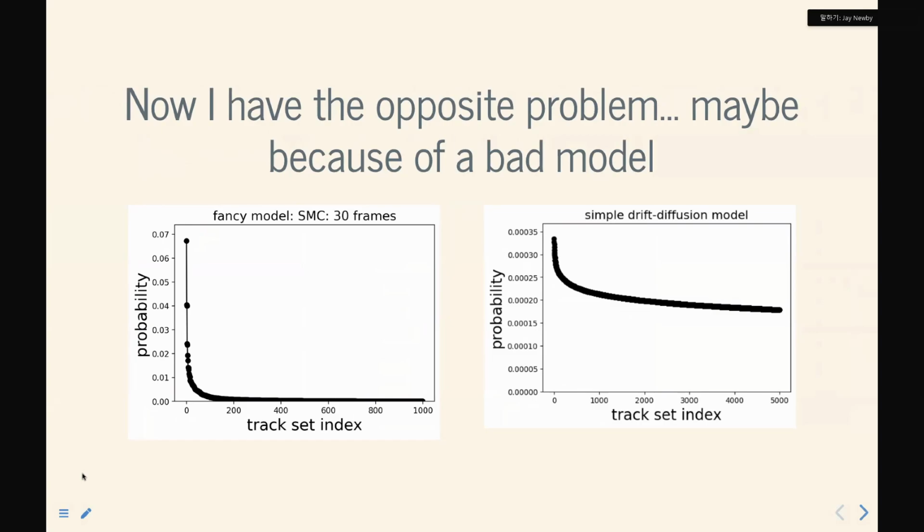This one, 5,000, because there's still significant probability there. I didn't go out far enough, but this took too long already. I couldn't keep going because the model's too terrible. It can't tell the difference. Thank you. Good question.